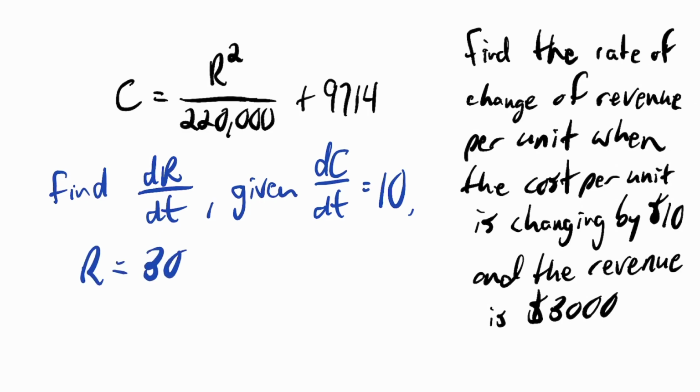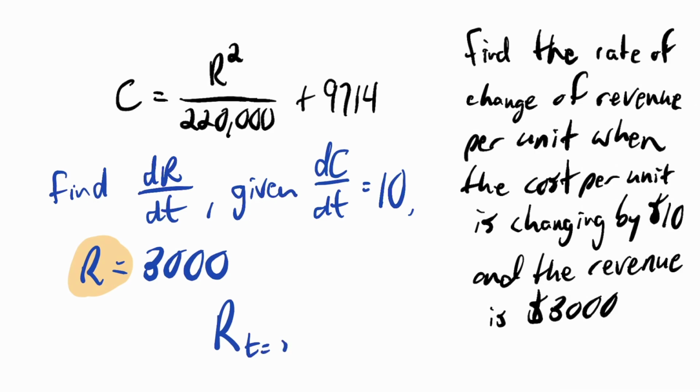Now here's what you have to watch out for. The way I typically write this for a Cal 1 class, and for people who are going to go on to take Cal 2, Cal 3, differential equations, I wouldn't write it this way. I would be more specific because really this is R at some time, right?